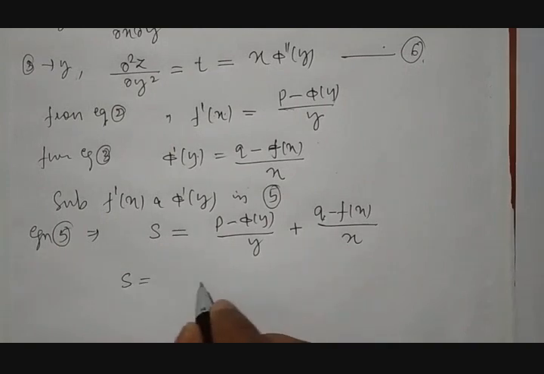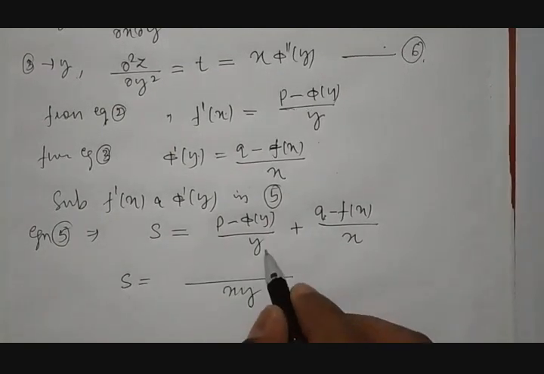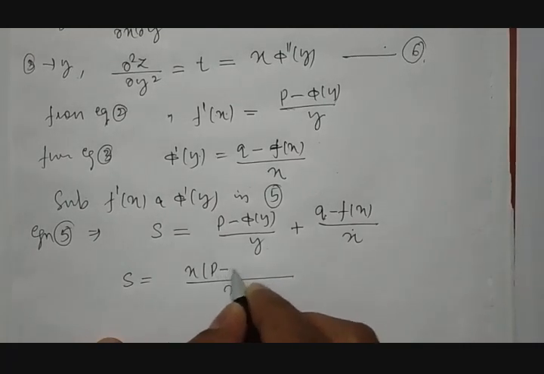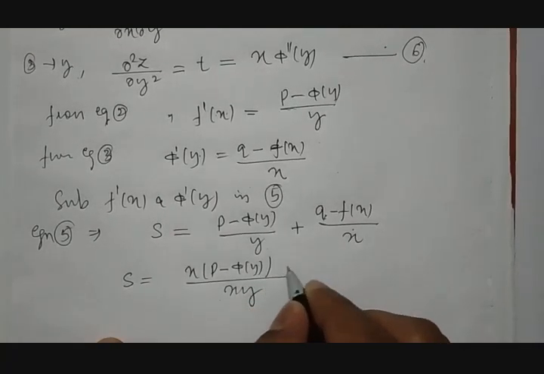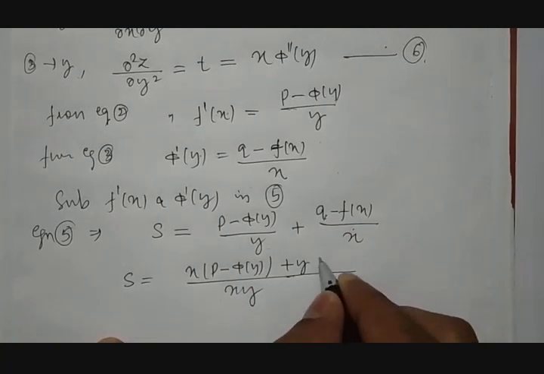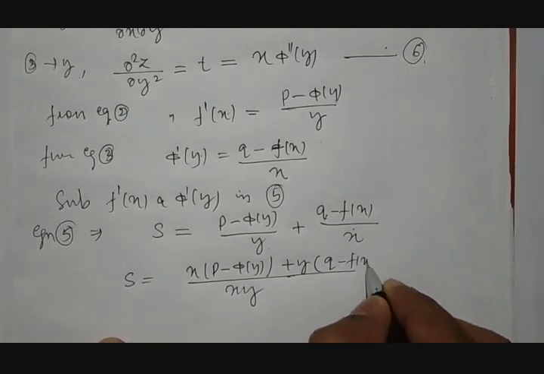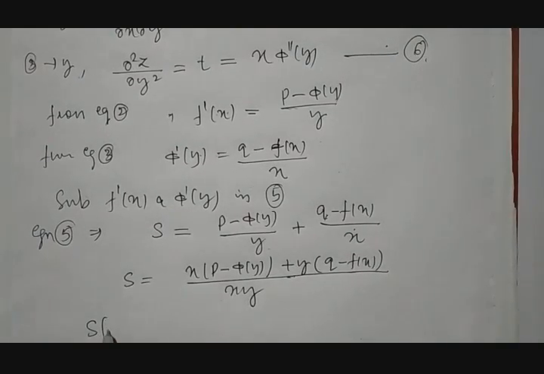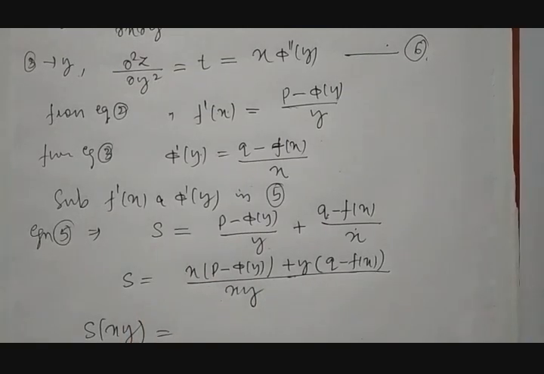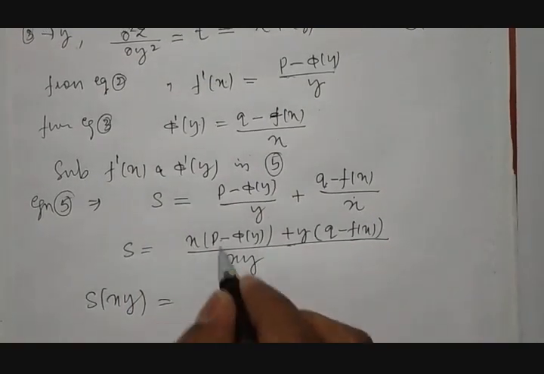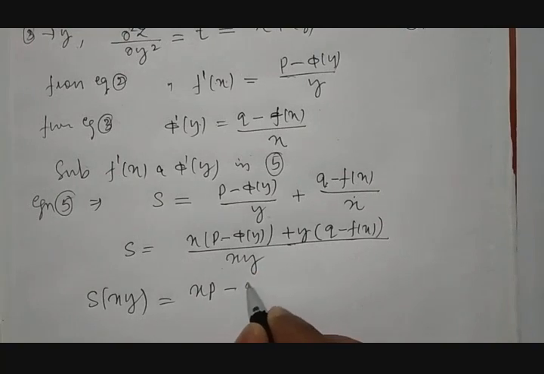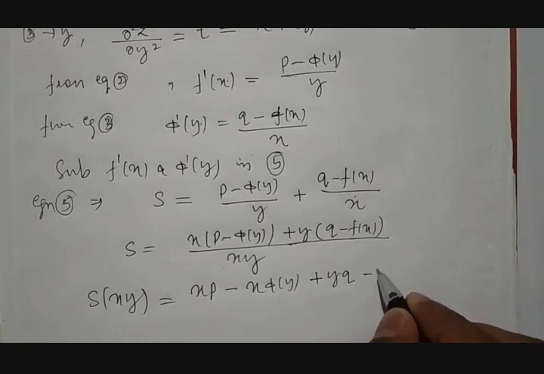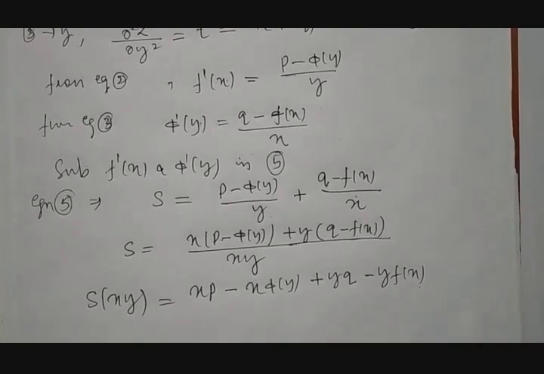So s is equal to, if we take the simplification as x into y, then x into p minus pi of y plus y into q minus f of x. Fine. Simplify. Then it becomes s into xy. Take it to the other end. Then here you take a group multiplication. So it becomes x into p minus x into pi of y plus y into q minus y into f of x.